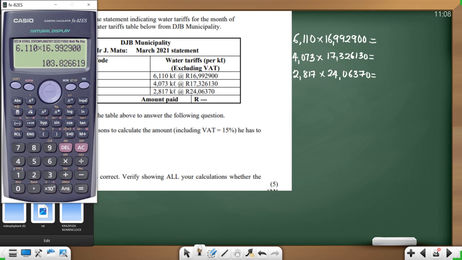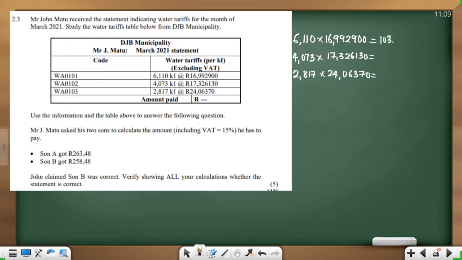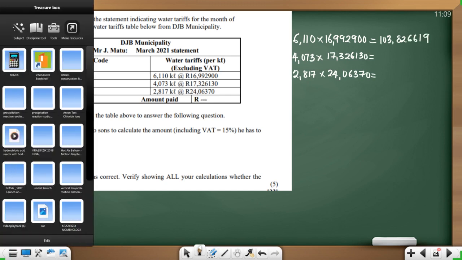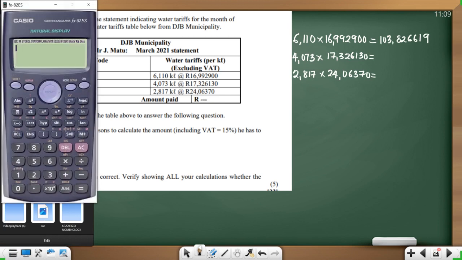All right. So what do we have? 103,826,619. Grab your calculator again. I have to keep grabbing this calculator. 4,073 times 17,326,130. All right, beautiful. What do we have?